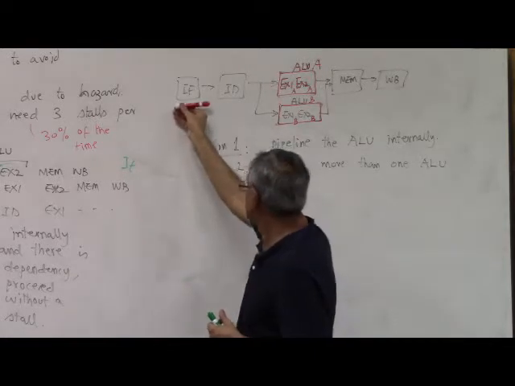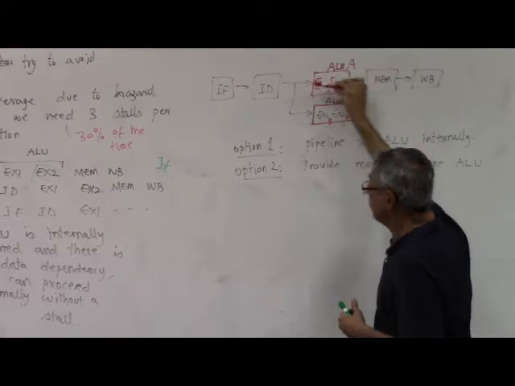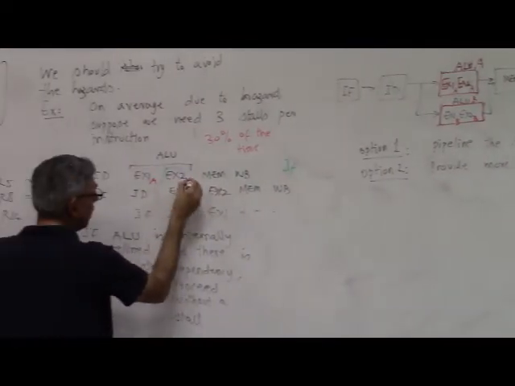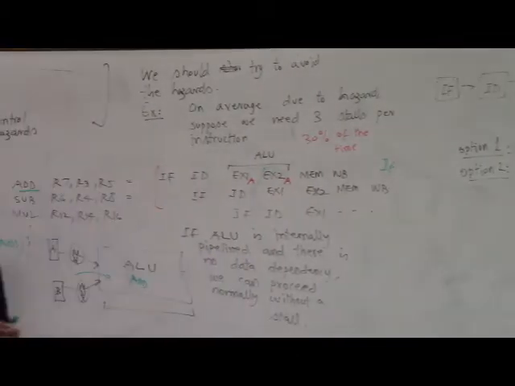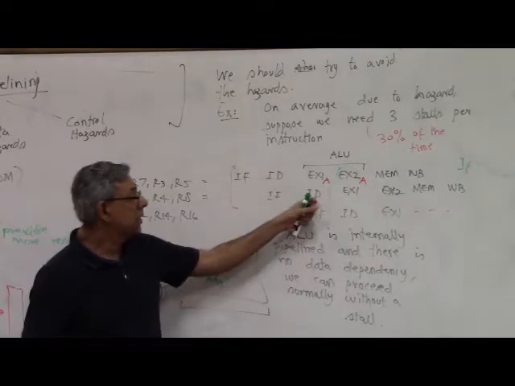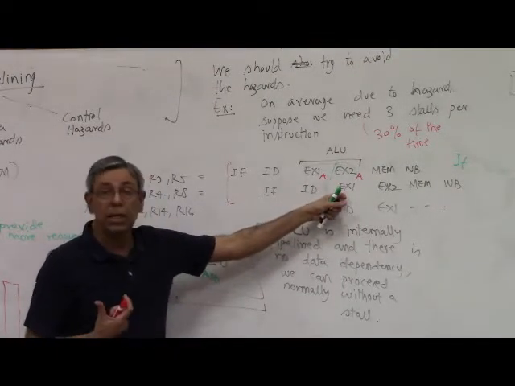Okay, now let's go over here. Obviously, if the add instruction is going through the pipeline, it will follow the top path, so the A and A. Everybody agrees? Let's go to the second instruction now. Once the second instruction tries to use the ALU, remember it's not internally pipelined.